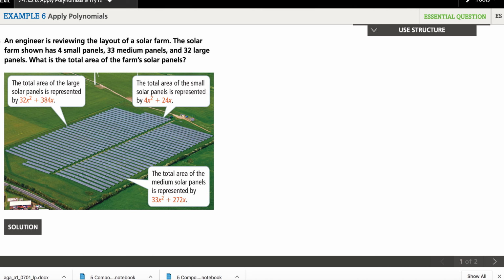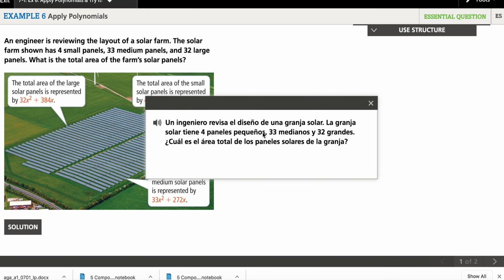What is the total area of the farm's solar panels? Let me translate this in Spanish so you have a better understanding. Un ingeniero revisa el diseño de una granja solar. La granja solar tiene 4 paneles pequeños, 33 medianos y 32 grandes. ¿Cuál es el área total de los paneles solares de la granja?